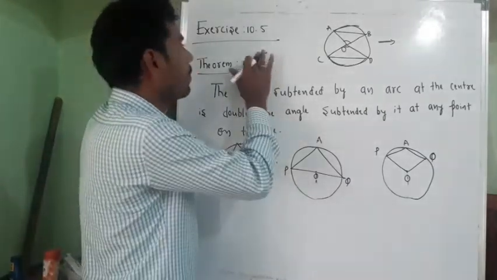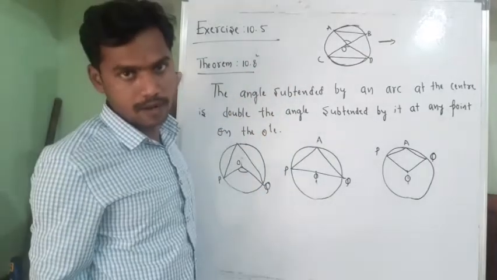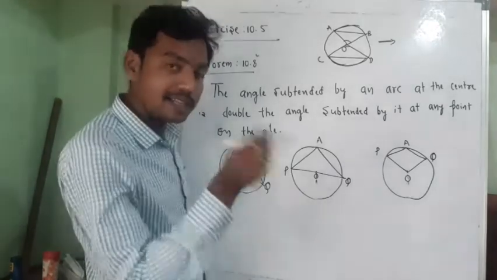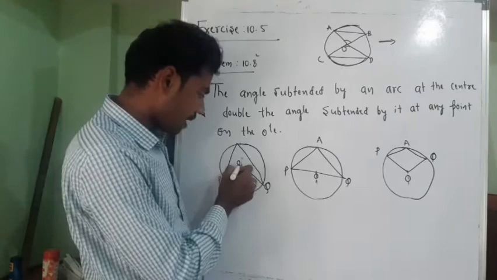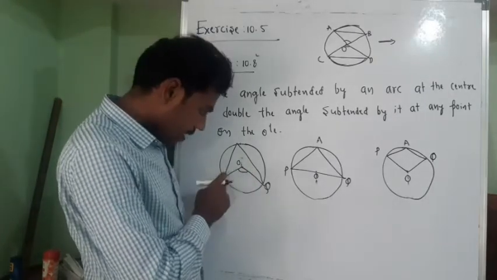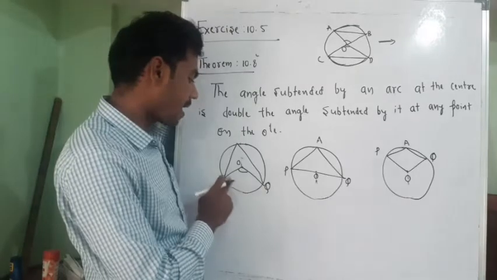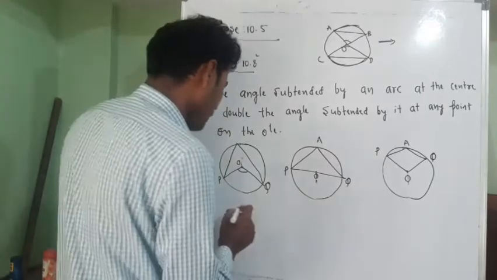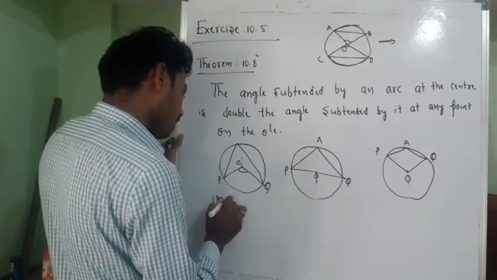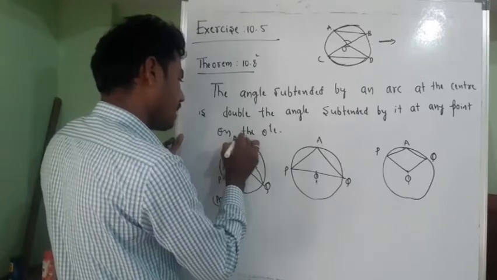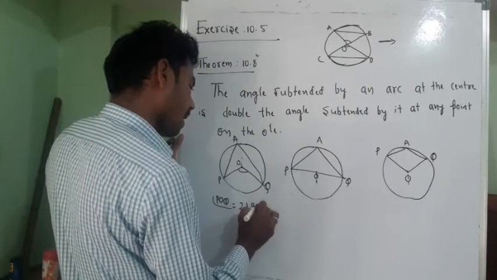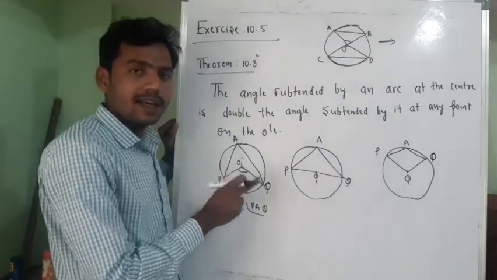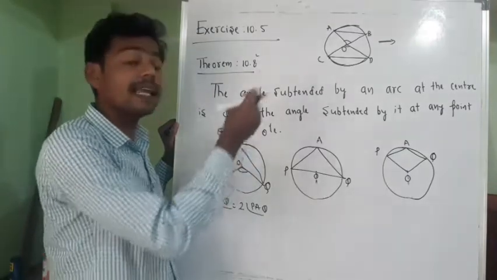Next, theorem number 10.8. The angle subtended by an arc at the center is double the angle subtended by it at any point on the circle.